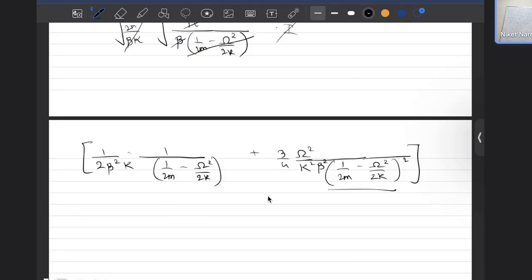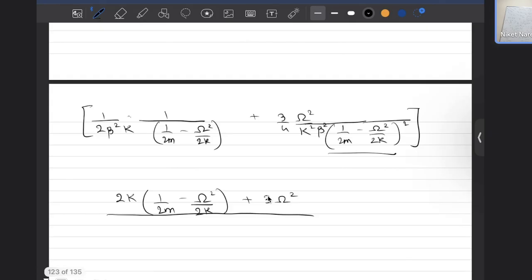So what I'll do is I'll multiply by 2 kappa into 1 by 2m minus omega square by 2 kappa plus 3 omega square, divided by, yeah, I think this works, 4 beta square kappa square into 1 by 2m minus omega square by 2 kappa the whole square. Yes, this is what I end up getting.